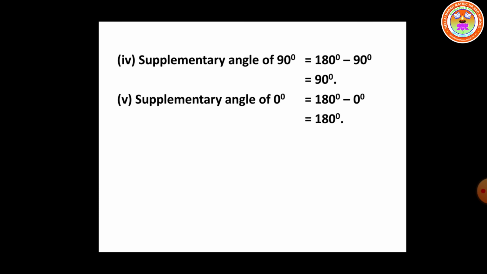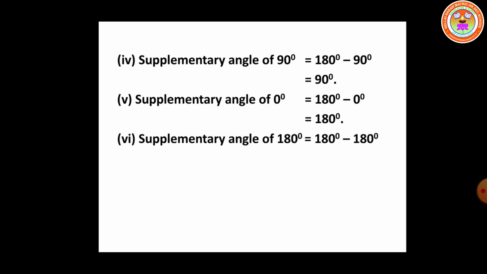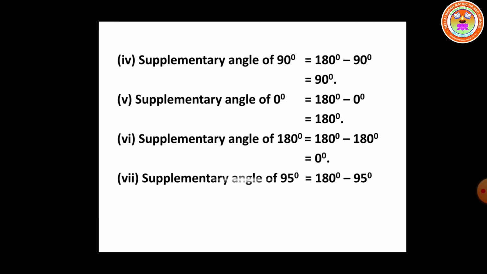It gives 180 degree. Next one, supplementary angle of 180 degree is 180 degree minus 180 degree gives 0 degree. Seventh one, supplementary angle of 95 degree is 180 degree minus 95 degree. So it gives 85 degree.